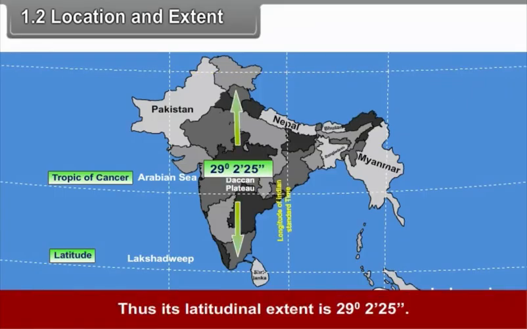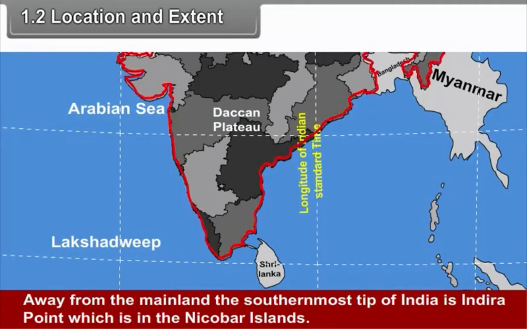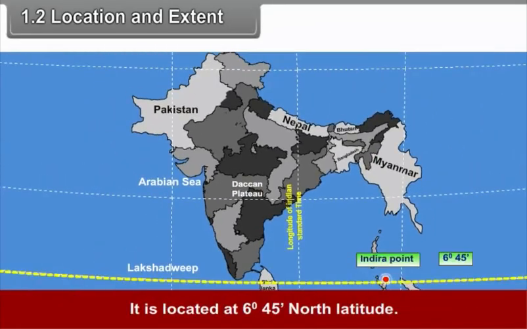Thus its latitudinal extent is 29 degrees 2 minutes 25 seconds. Away from the mainland, the southernmost tip of India is Indira Point, which is in the Nicobar Islands. It is located at 6 degrees 45 minutes north latitude.